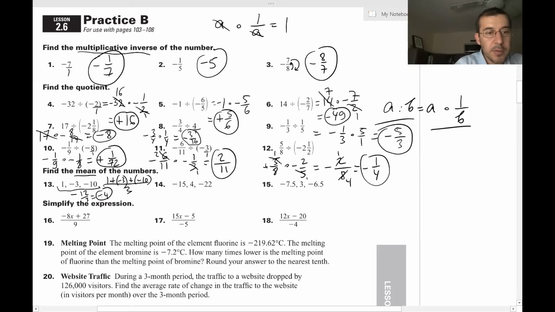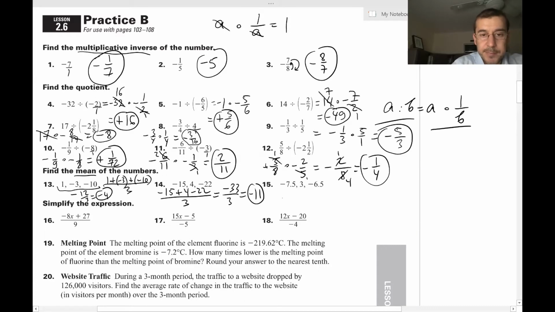The mean of these numbers is -4. Then here we have -15 plus 4 plus -22 over 3 numbers. So -15 and -22 is -37. -37 plus 4 is -33 over 3 or minus 11. Okay.